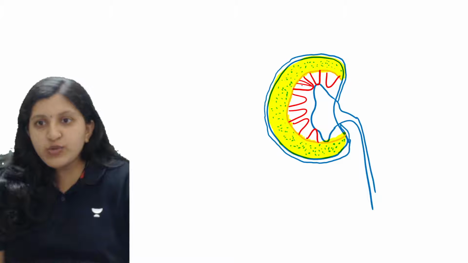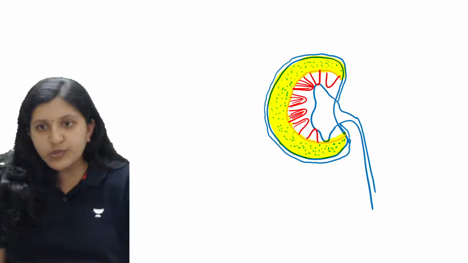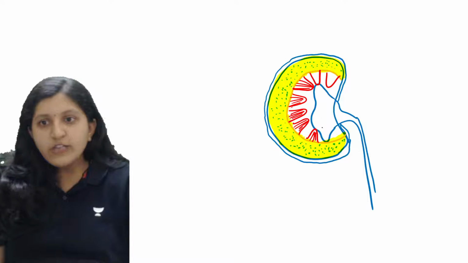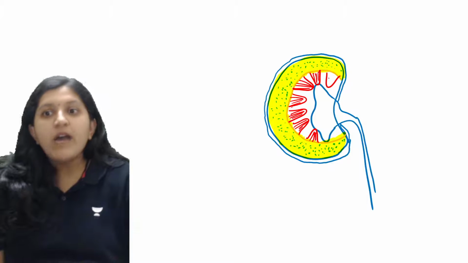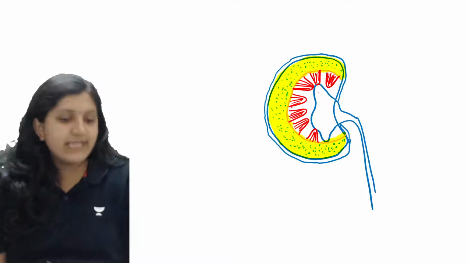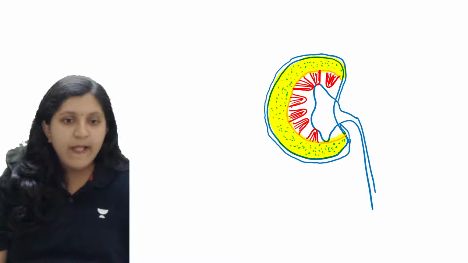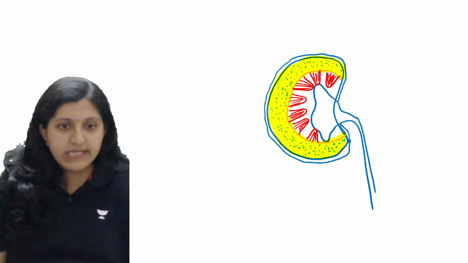These are the striations which you can find in the kidney. This is because of the accommodation of nephrons inside this kidney. There is a nephron which is present. Let me highlight this as well. Let me label this first.